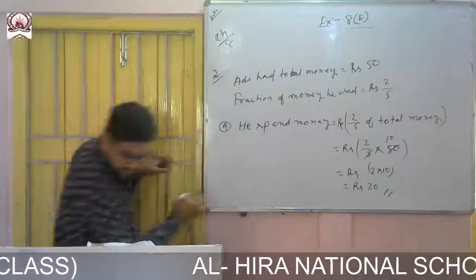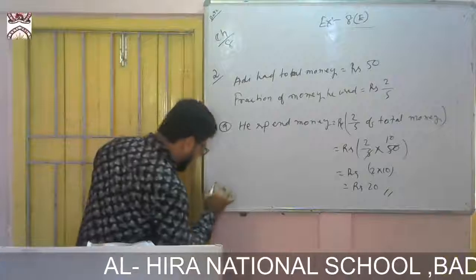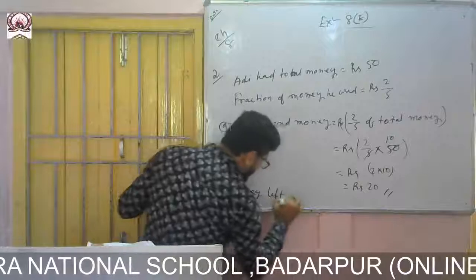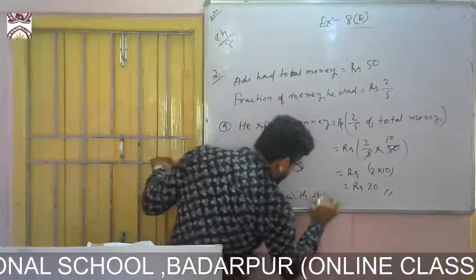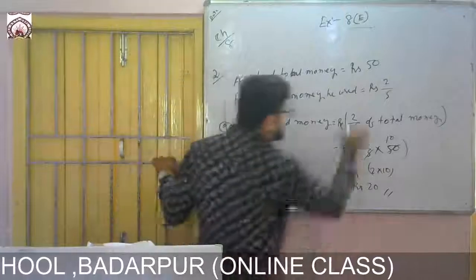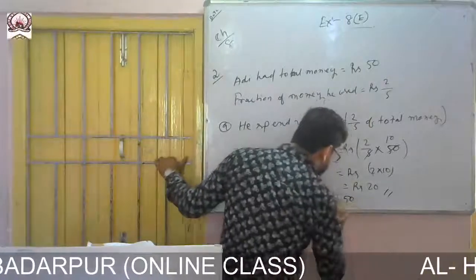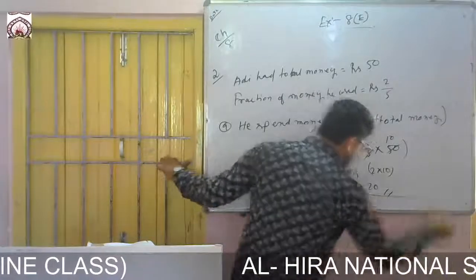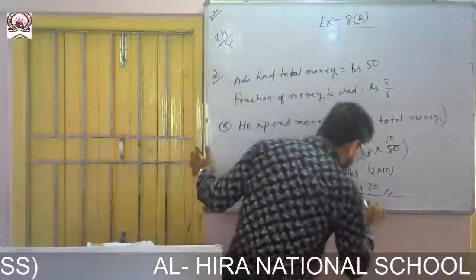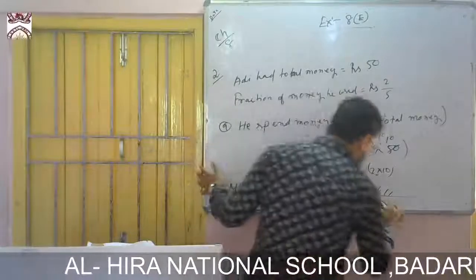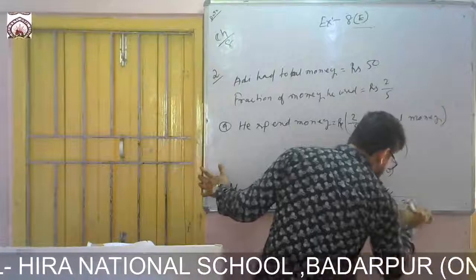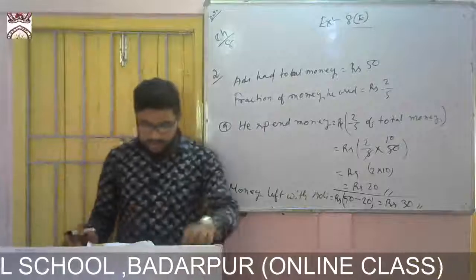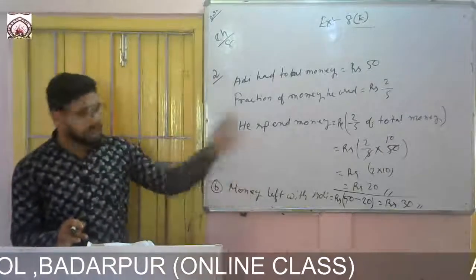Therefore, number B. Money left with Adi equals 50 minus 20, which is rupees 30. That is the required answer, the money left with him.